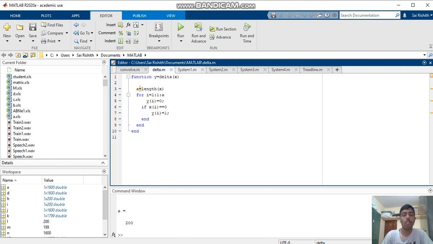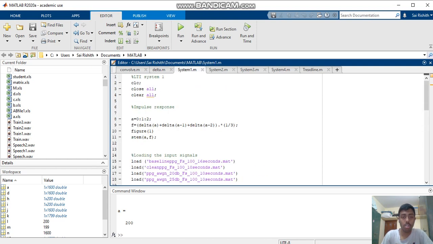Now for the first system, as said, the impulse response is delta of n plus delta of n minus 1 plus delta of n minus 2, by 3. The non-zero values of this function are only at 0, 1 and 2, so I have taken an array from 0 to 2 and am finding the impulse response using this.